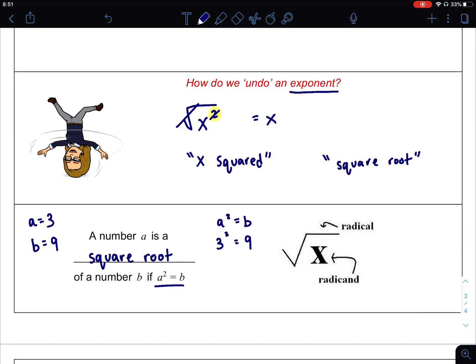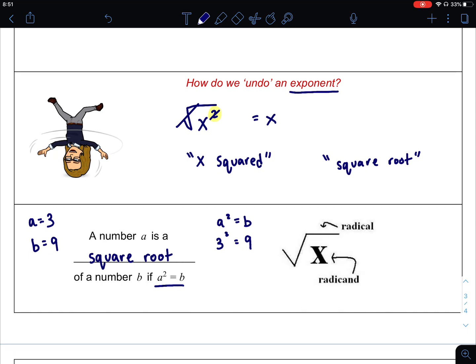The number 3 is a square root of the number 9. Now that's true. All right, it made a lot more sense that time. But we need this definition so that we have a formal definition of what a square root is. But when things get sticky like that, just plug in some numbers and see how it makes sense in context.